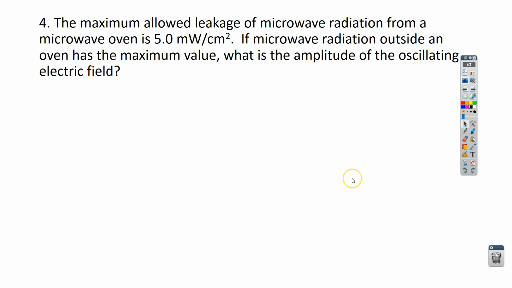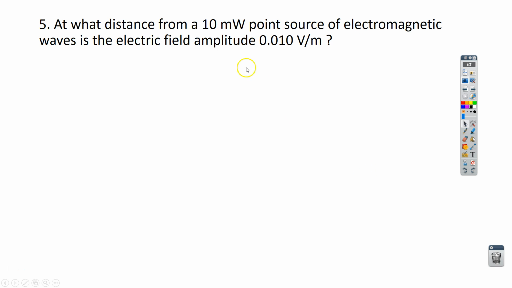All right, let's go ahead and take a look at the next one. This is number 5. It says, at what distance from a 10 milliwatt point source of electromagnetic waves is the electric field amplitude 0.01 volts per meter? So here we've got 10 milliwatts, and here's our 0.01 volts per meter.